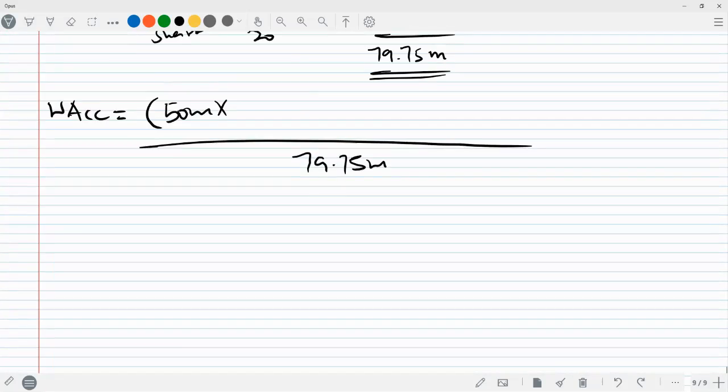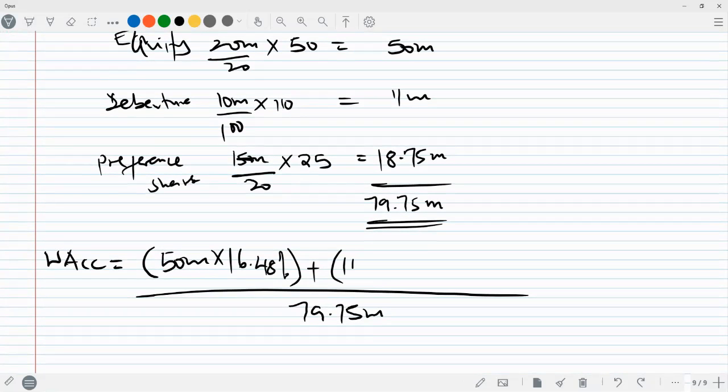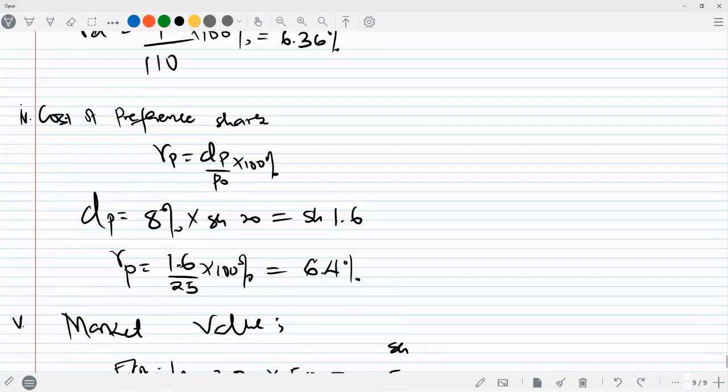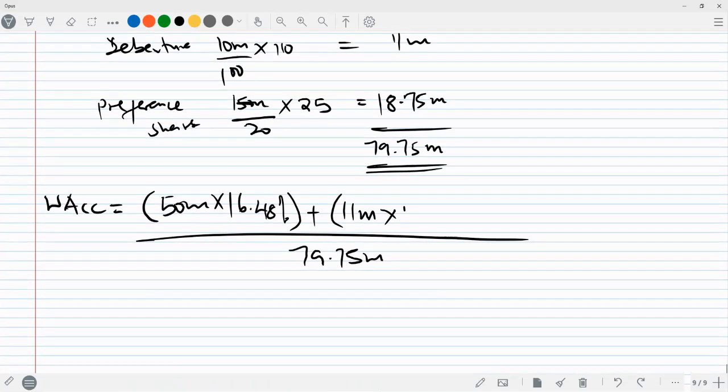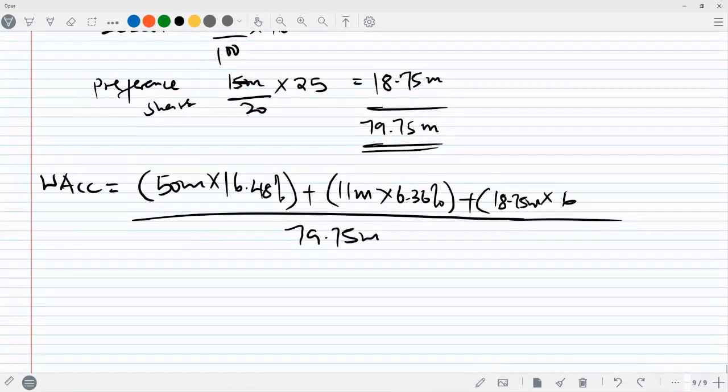Plus the debenture has a market value of 11 million, divided by the total, times the cost of debenture, which we got to be 6.36%. Plus the weight of preference shares, which is 18.75 million divided by 29.75 million, times the cost of preference shares, at a cost of 6.4%.